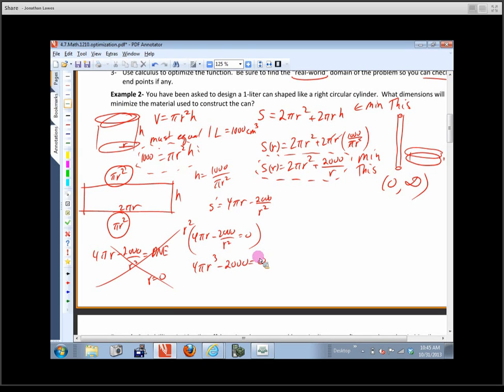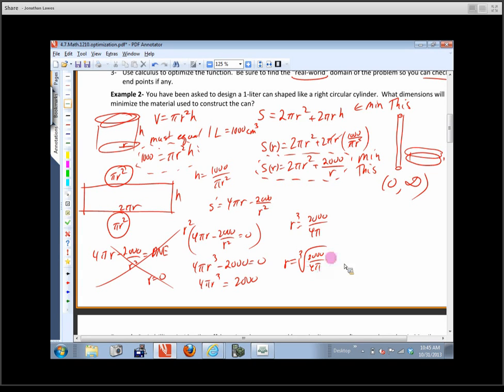Now I can start solving this, okay? So this is going to be 4 pi r cubed equals 2,000. So that means r cubed is equal to 2,000 over 4 pi. So that means r is equal to the cube root of 2,000 over 4 pi.